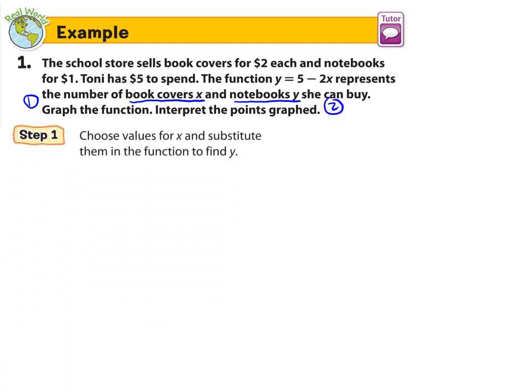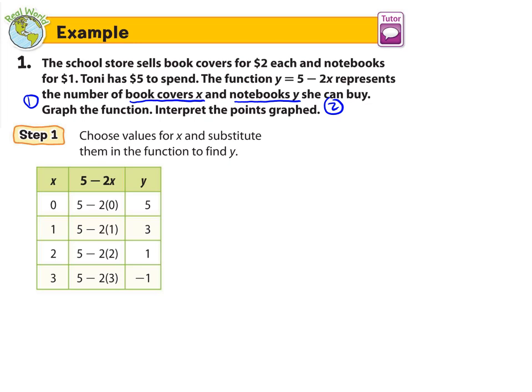So our step one, choose values for x and substitute them in the function for y. So very similar to what we were doing yesterday. You get to choose any values. I would choose these four values. Now we're using positive values because obviously you can't buy negative book covers or notebooks. So for x, we're using 0, 1, 2, and 3.